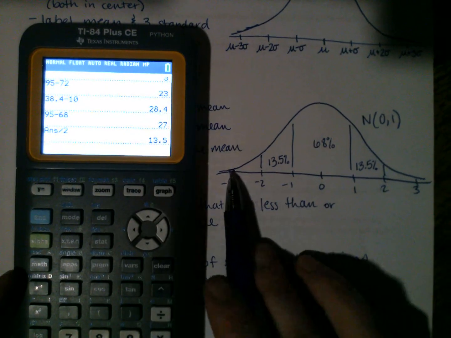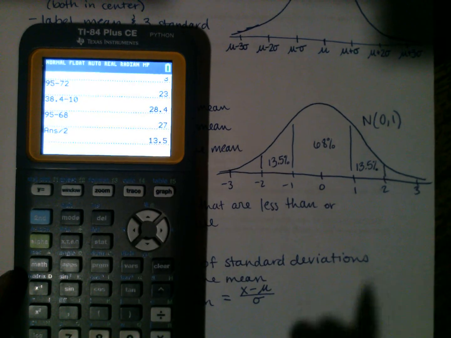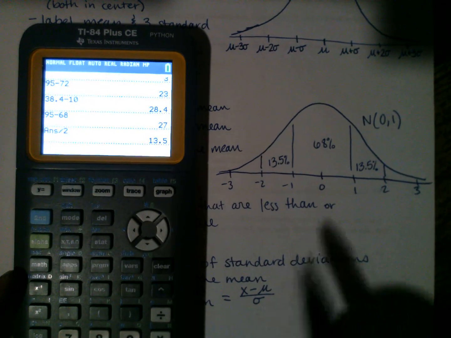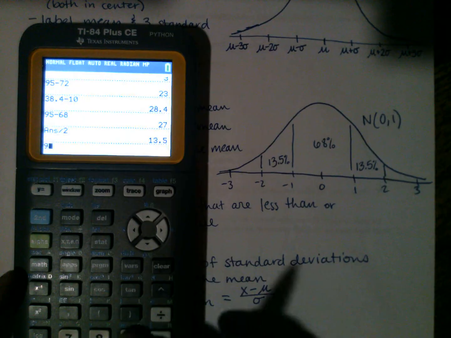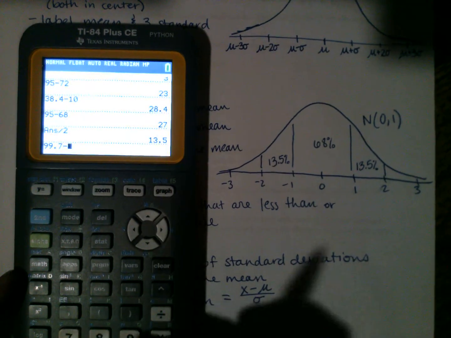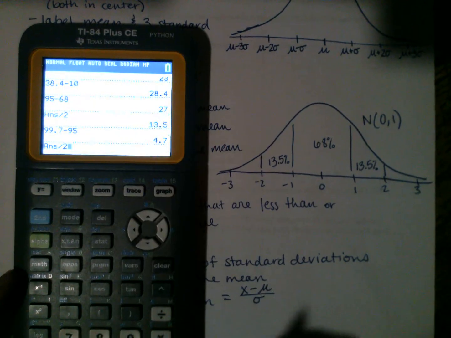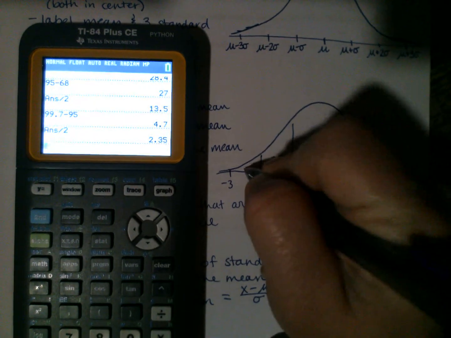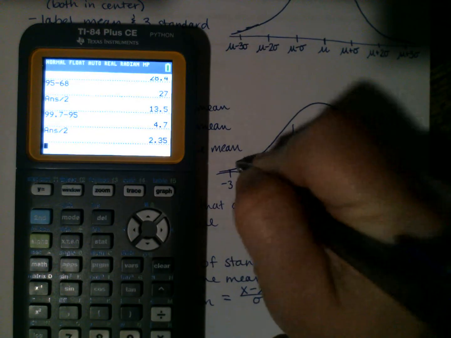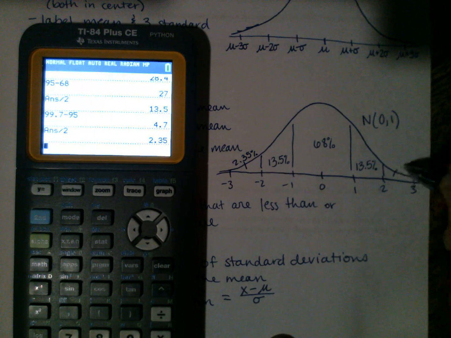And then when I go out to 3 standard deviations, that accounts for a total of 99.7%. I've already accounted for 95% here. So 99.7 minus 95 leaves me with 4.7%. And when I divide that into 2 pieces, I get 2.35% for each of these. Okay.